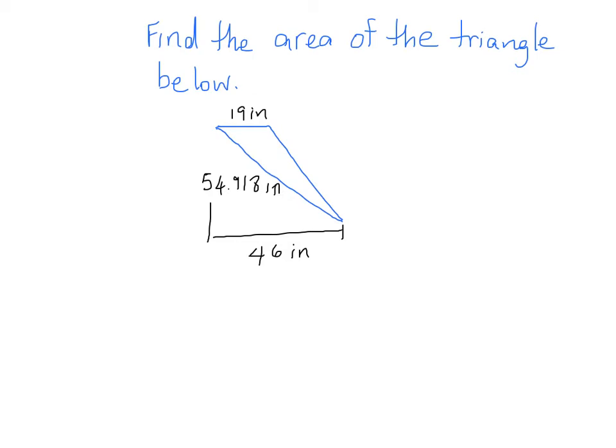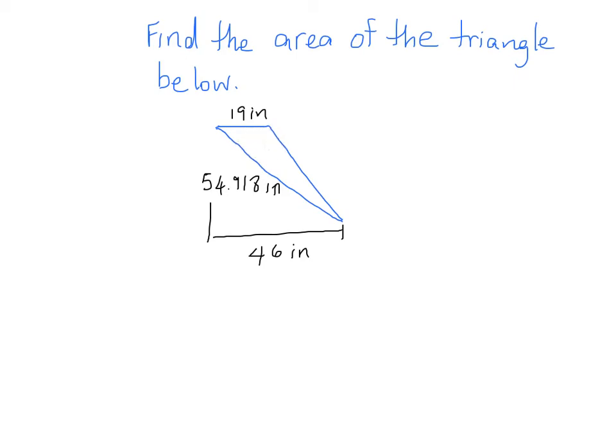Okay, so what then? First of all, ask yourself the question, which side is the base? It could actually be any side. It could be this side, or this side. However, it's probably not wise to make the base the unknown side. So either this side or this side would be the base.